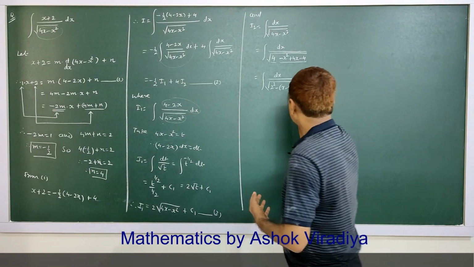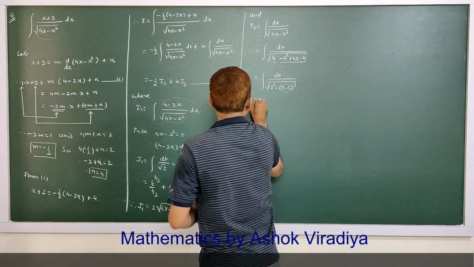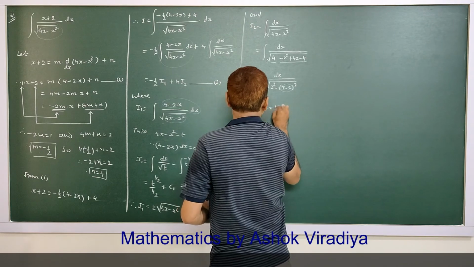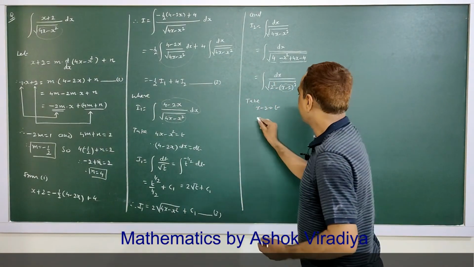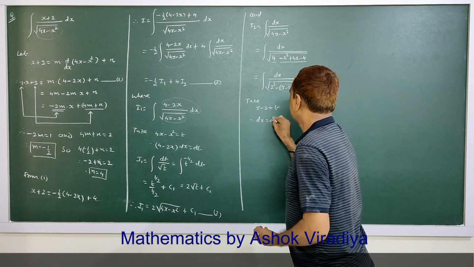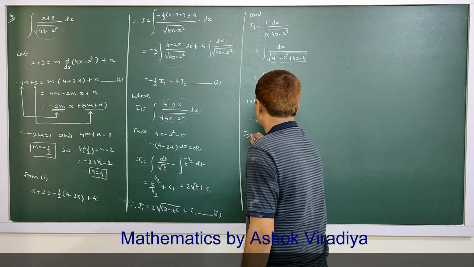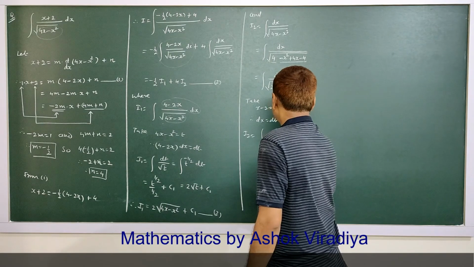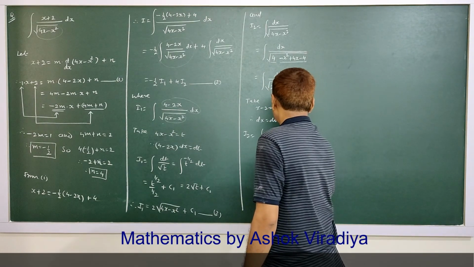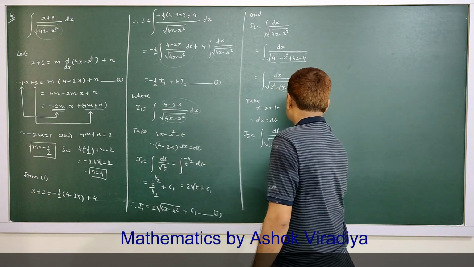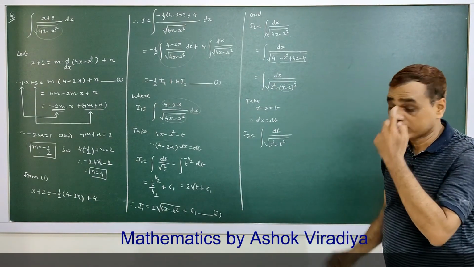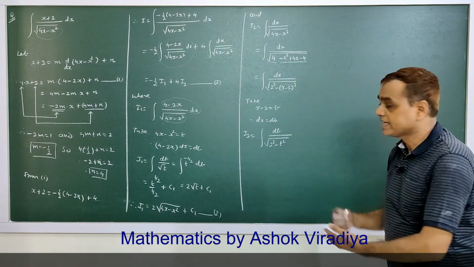And now we take x minus 2 as t, so dx is dt, so I2 is dt upon root 2 square minus t square. So it is the formula 1 upon root a square minus x square.